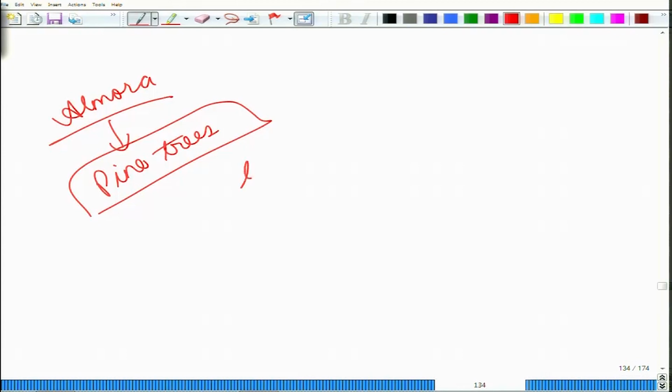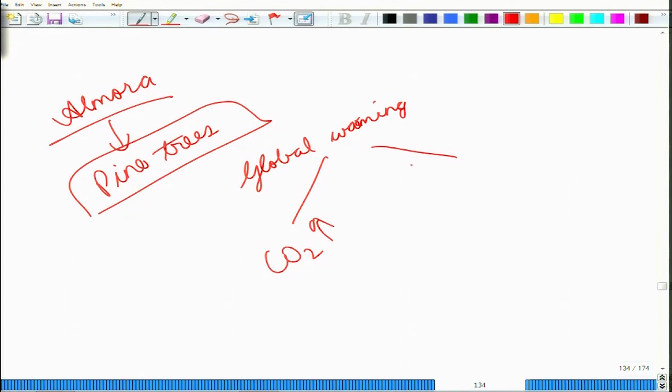Now, we wanted to understand the process of global warming. When we have global warming, two things are happening. One is an increase in the carbon dioxide levels in the atmosphere, and because of the greenhouse effect, we will observe an increase in temperature.